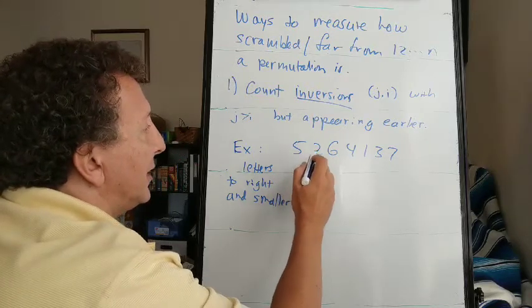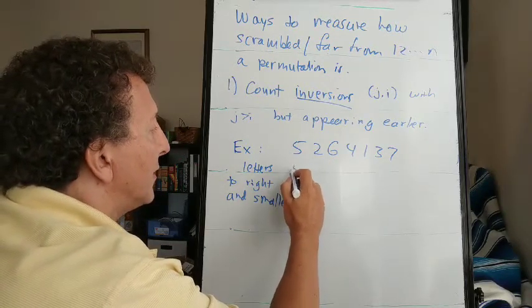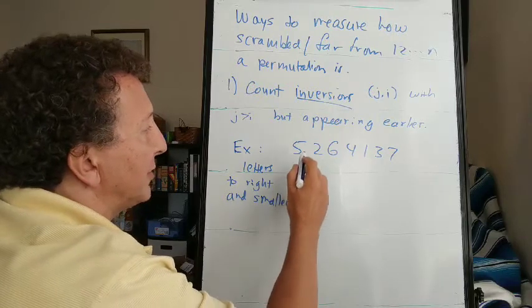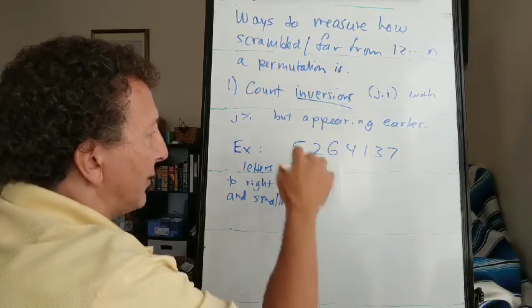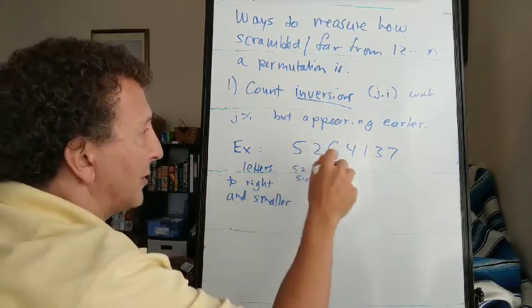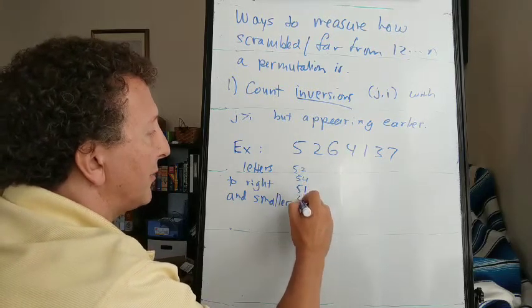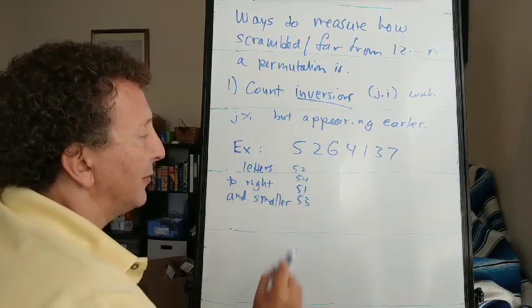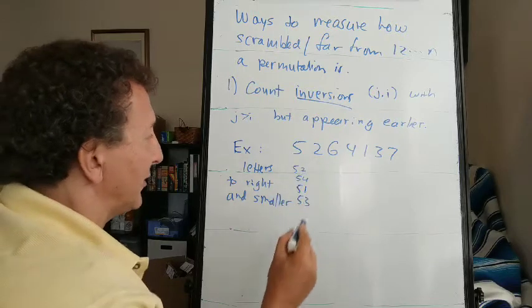So we've got 5, 2 is an inversion, 5, 4. 5, 6 is in the right order because 5 is smaller. Then 5, 1, 5, 3. So we've got 4 letters that are to the right of 5 and smaller.